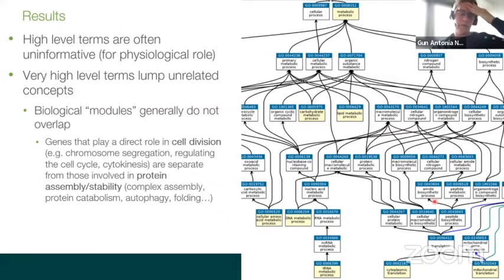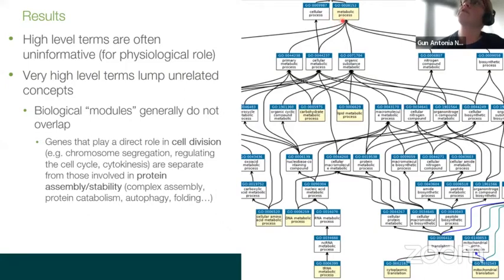So high-level terms, as I mentioned, are often quite uninformative for physiological role. What did I mean by this? Very high-level terms will lump unrelated concepts. The example I had earlier of an enrichment showed metabolic process.